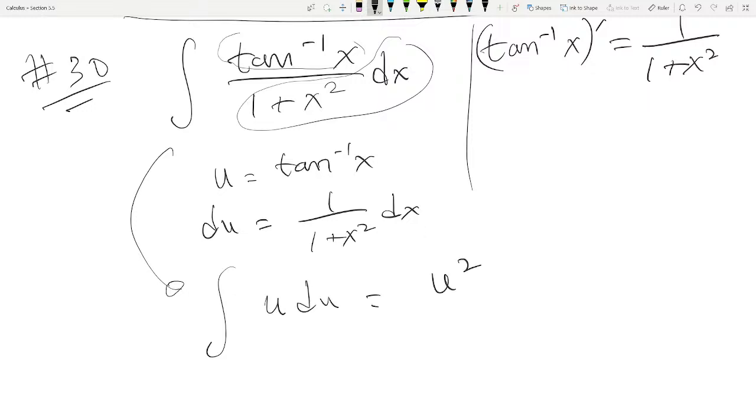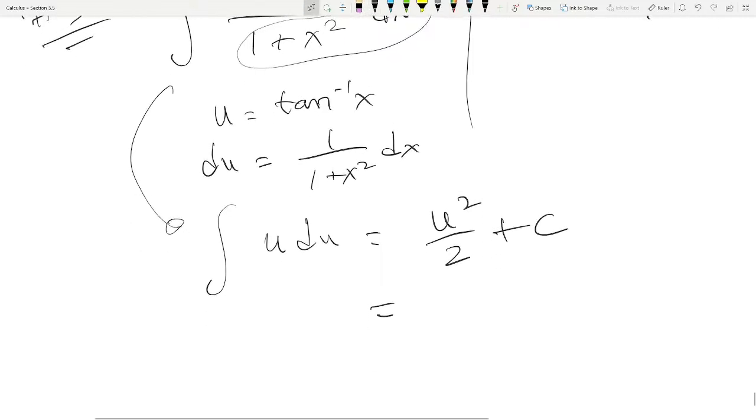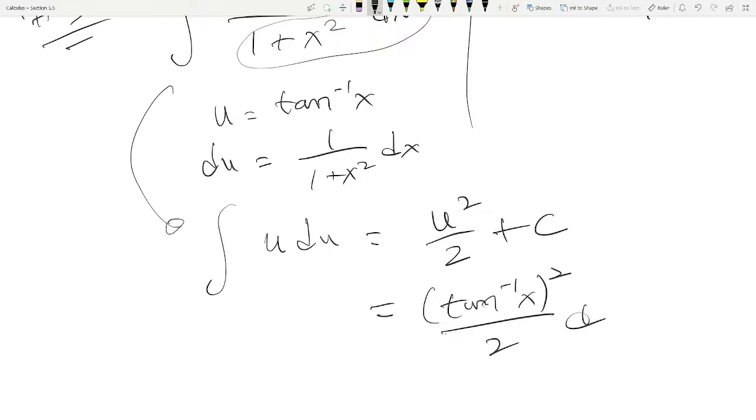So this is equal to u squared over 2 plus c, and then the u is inverse tangent. So I have inverse tangent x squared over 2 plus c. And you don't want to write tangent to the negative 2 for that. It's tangent inverse quantity squared.